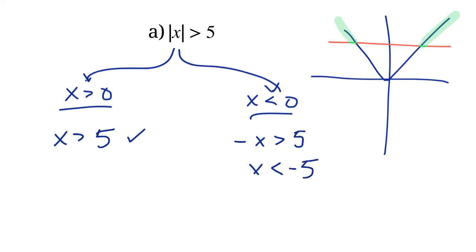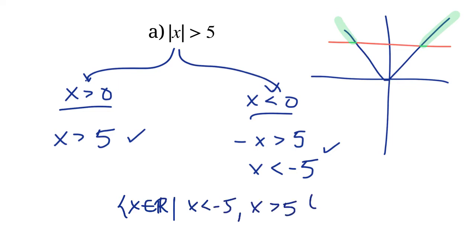Right away, we can check to see if these solutions fit within these restrictions, and they do: 5 is greater than 0, -5 is less than 0. So we're okay with those restrictions right off the bat, and it basically tells us our answer. In set notation, x is an element of real numbers such that x is less than -5 or x is greater than 5.